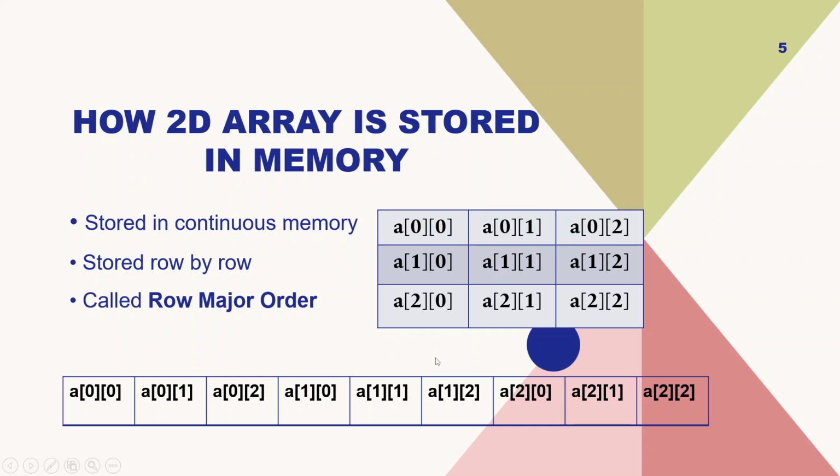Even though a 2D array looks like a table with rows and columns, memory itself is one-dimensional. So the computer stores a 2D array in a continuous memory location. In most programming languages like C and C++, a 2D array is stored row by row. This method is called row major order.